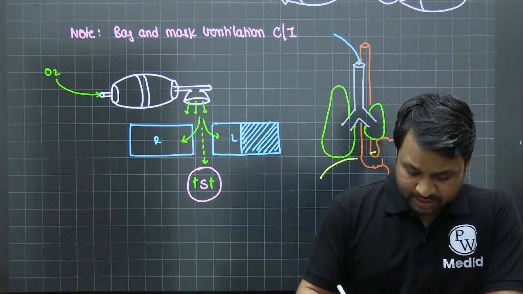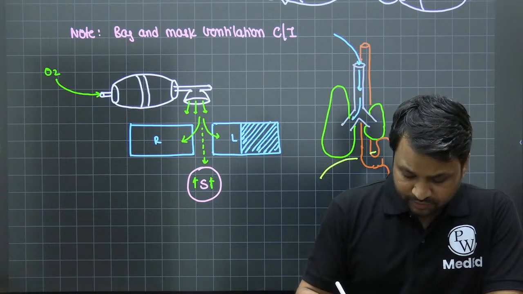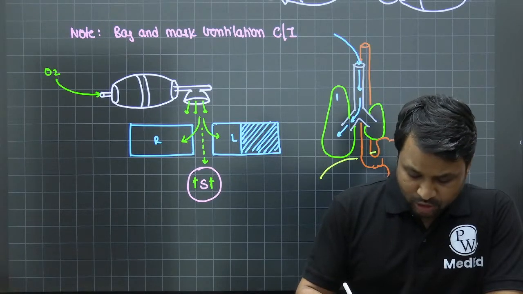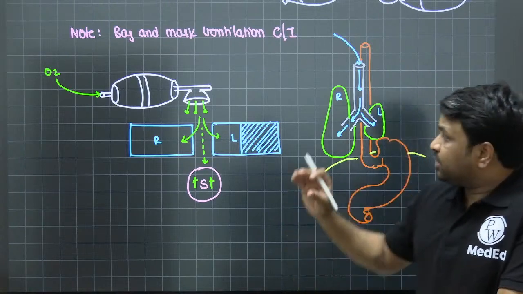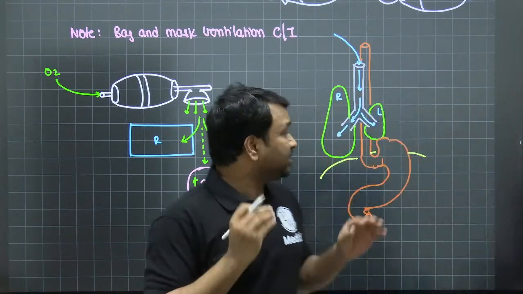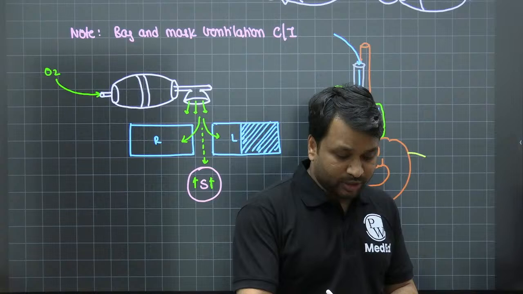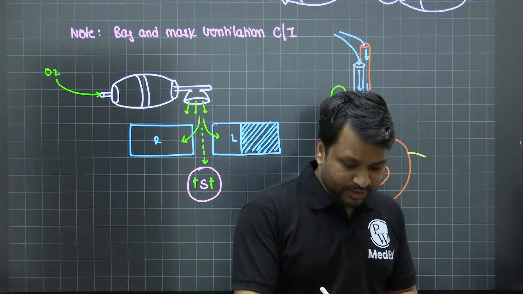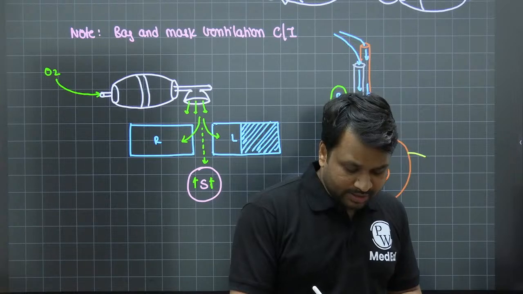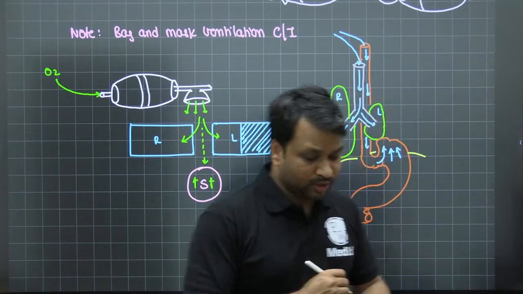So what is going to happen every time you flush the air with the help of the ambu bag: the air will go into the trachea, and from there into the lungs. The right will accommodate, but the left will not be able to accommodate enough air because it is less spaced out. Whatever air is present, because it cannot go into the lung, now enters the esophagus, goes into the stomach, and then the air will start pooling in the stomach.